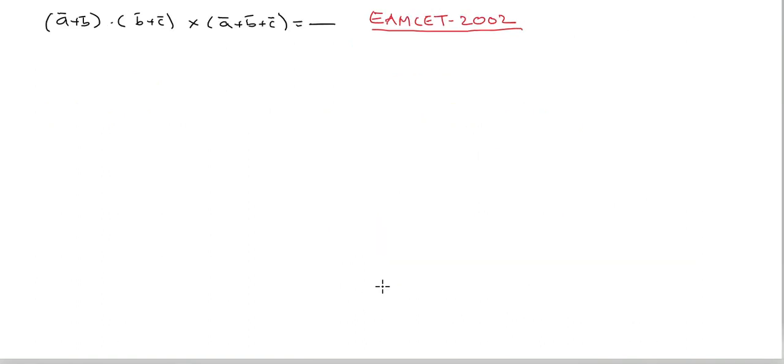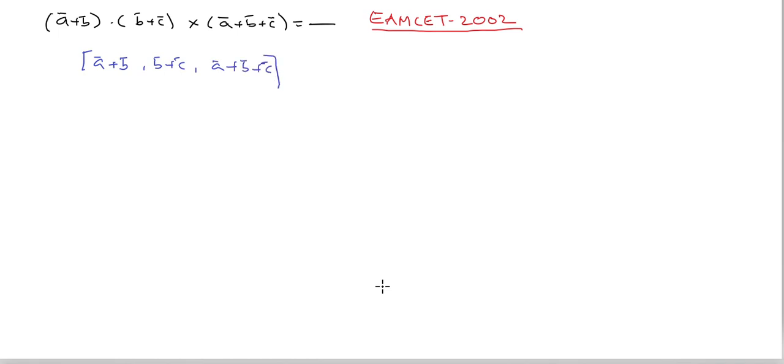A bar plus B bar dot B bar plus C bar cross A bar plus B bar plus C bar is equal to dash. This is written as the box of A bar plus B bar, B bar plus C bar, A bar plus B bar plus C bar.